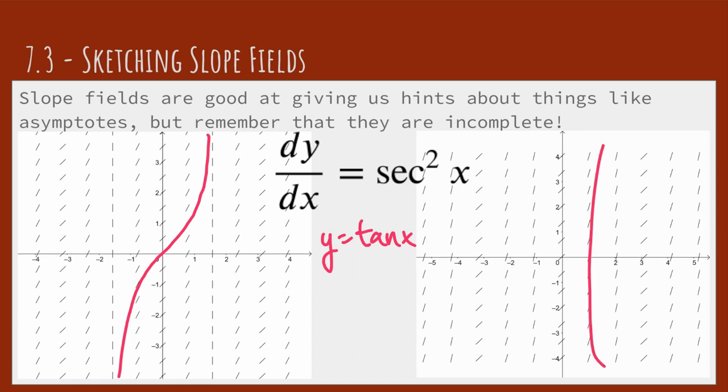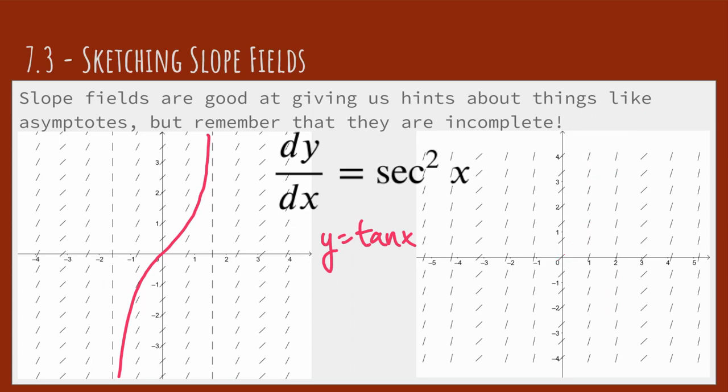However, in the other slope field, where those vertical lines would be, we don't have them, and so it would be reasonable to think that a solution in this slope field might look something like this, and just go right through where we know there is a vertical asymptote.